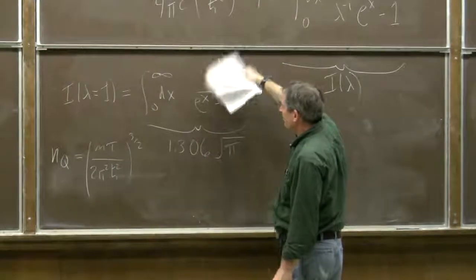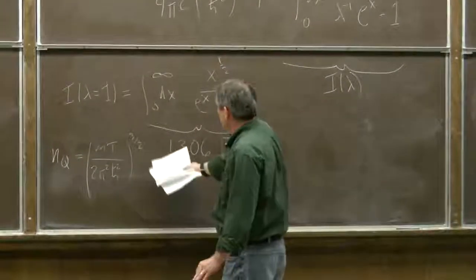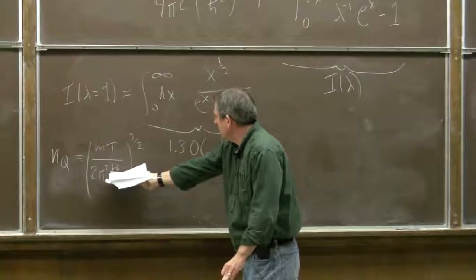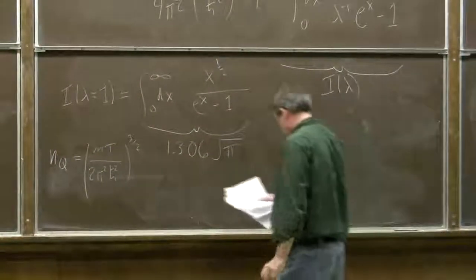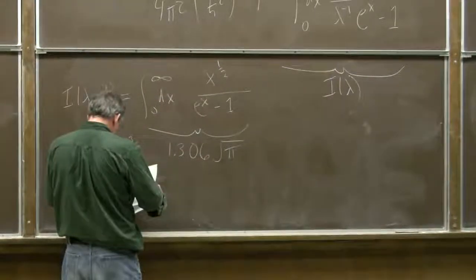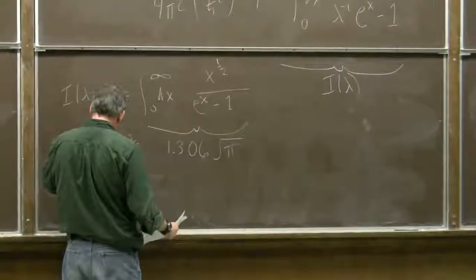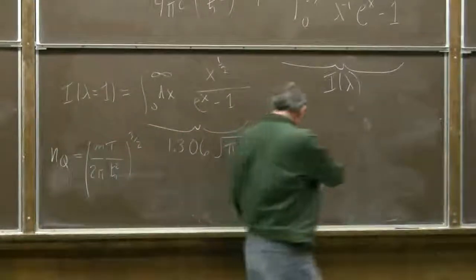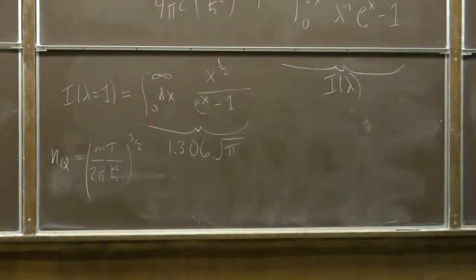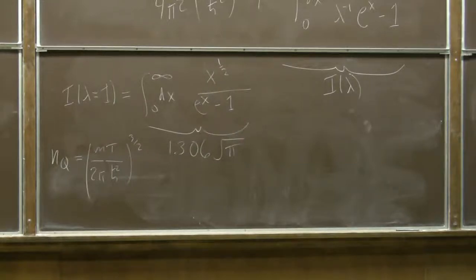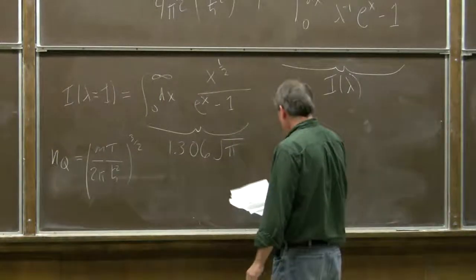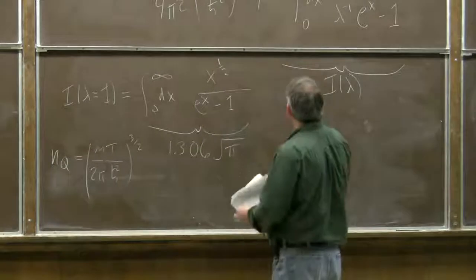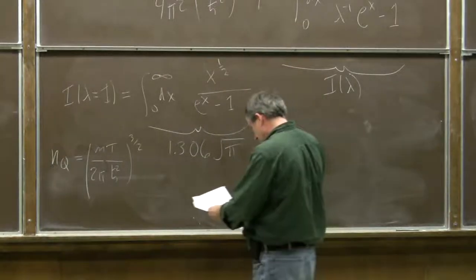But the pi's are a little bit screwed up, and the 2's, because that's not right. It's not 2 pi squared, is it? Isn't it 2 pi? And so there's actually a pi to the 3/2 in the denominator in the quantum concentration, but I had a pi squared there, and so that's why I wanted to take out this square root of pi. And then the 2's almost work, except there's an extra factor of 2.